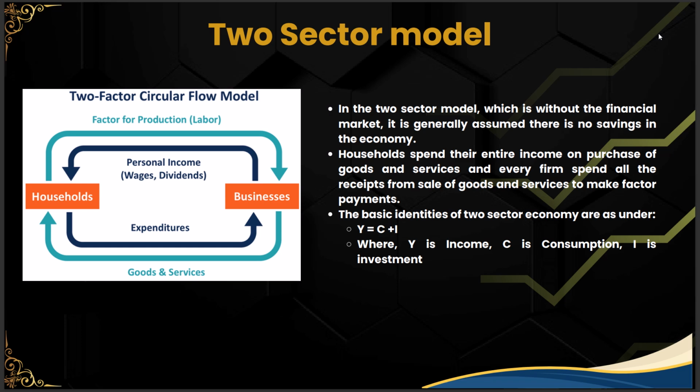That is, households pay and buy products from the firms, and firms in turn pay wages or dividends to the households. This process keeps going, assuming there are no savings. So the income formula can be considered as consumption plus investment. That is the formula for the two-sector model.